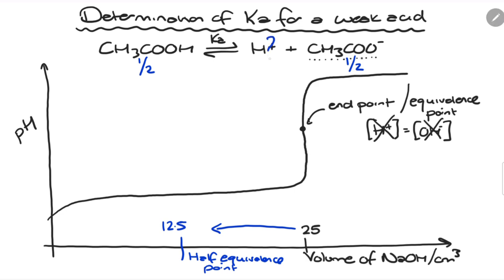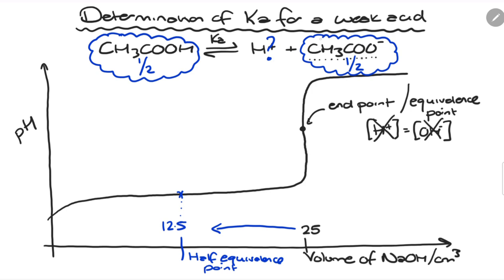Obviously our hydrogen ion is unknown because that's what we're ultimately trying to calculate via the pH. But at this very precise point, this half neutralization point, this half equivalence point, we know, importantly, that the concentration of the acid I have left to react is exactly equal to the concentration of the salt, ethanoate in this example, of the reaction that I have produced.